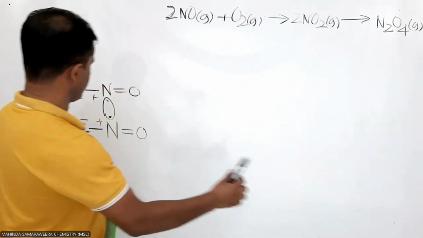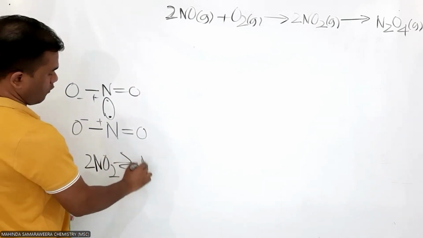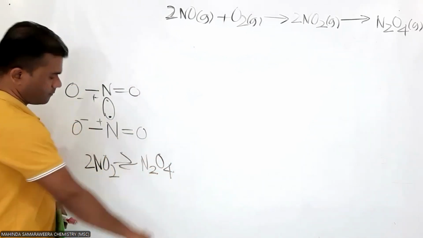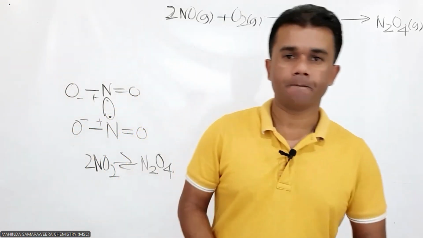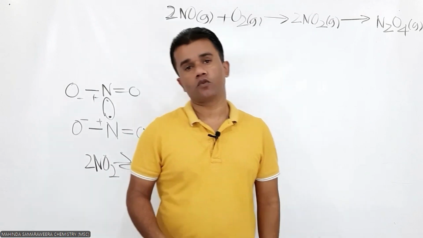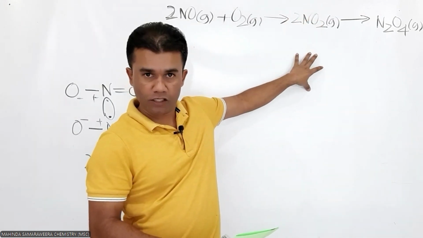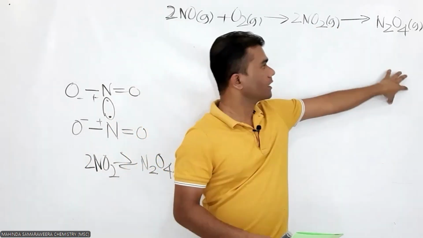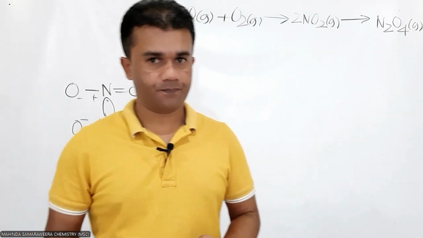Normally, in equilibrium, we learn that there is an equilibrium between 2NO2 and N2O4. But according to this question, it's given that this is completely converted into N2O4. That means whatever NO2 forms doesn't stay as NO2, it is completely converted into N2O4. That is the information you are given, right?